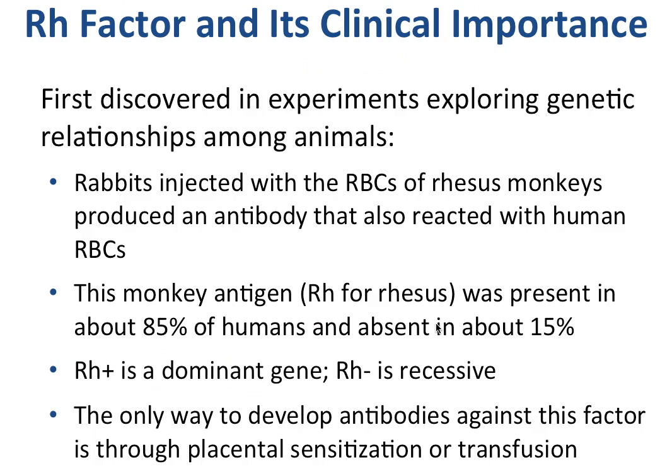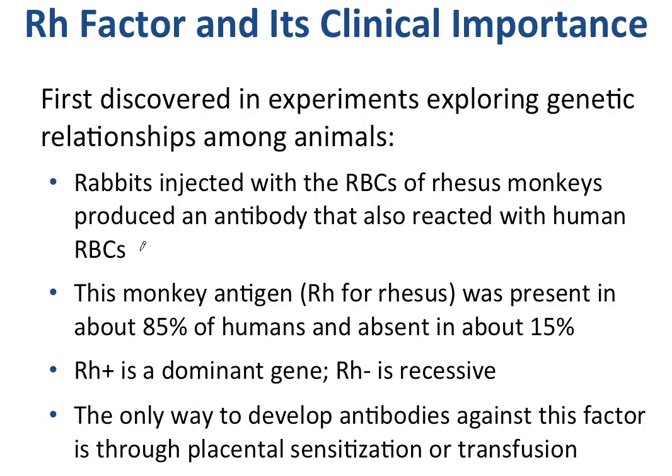For example, the blood type. In humans we have the ABO blood type, which is determined by the A antigen and B antigen.